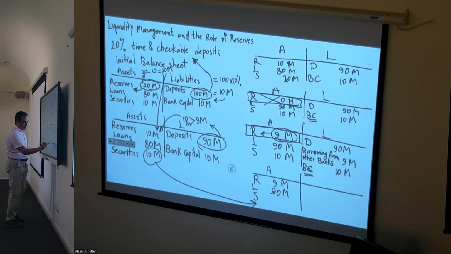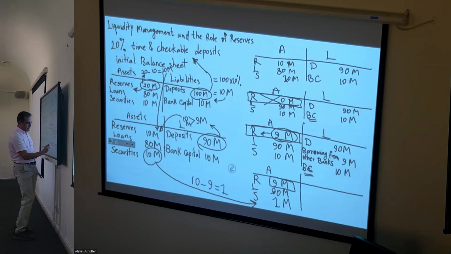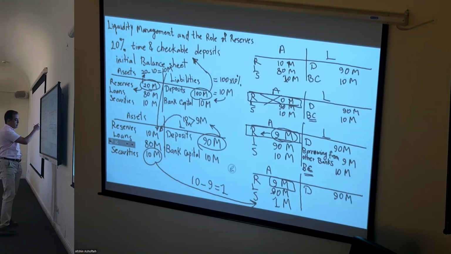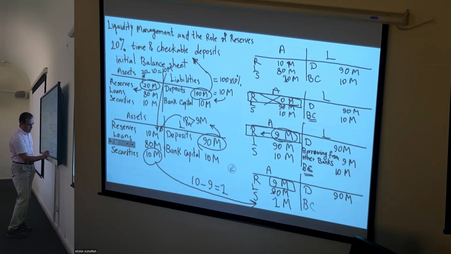And the securities now might be less because we had 10 million securities. Now we need to have the reserve of 9 million, so the securities would be 1 million, okay? And the deposits here will remain 90 million, and the bank capital, as we had before, 10 million.